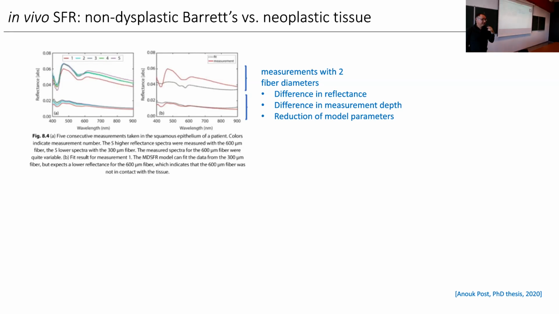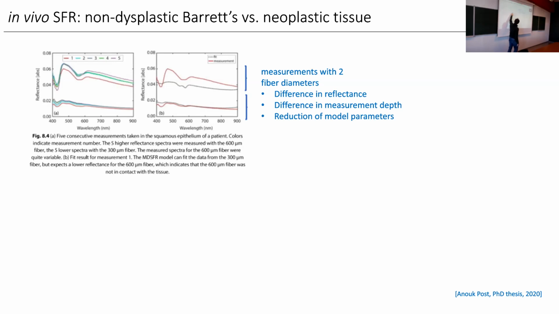The idea of having the two fibers is that there are a couple of unknowns in the system which you can cross out if you have measurements. What is then done is that on this reflectance data, a physical model or empirical model is fitted, from which the clinical parameters of interest are derived.